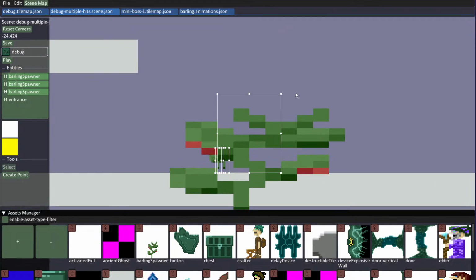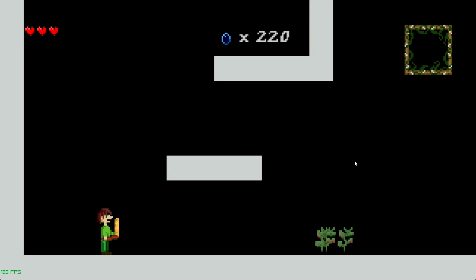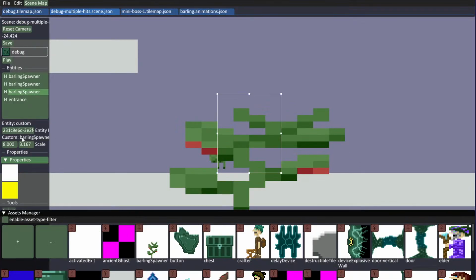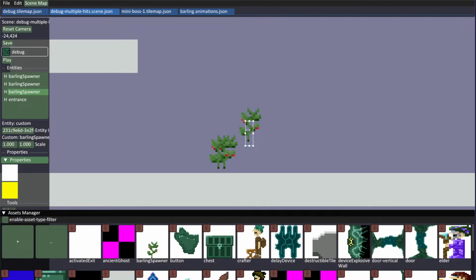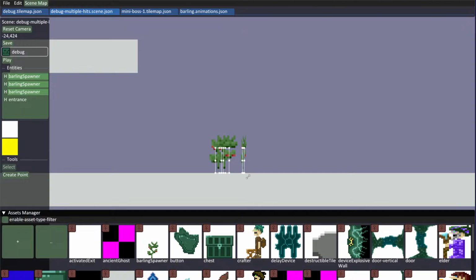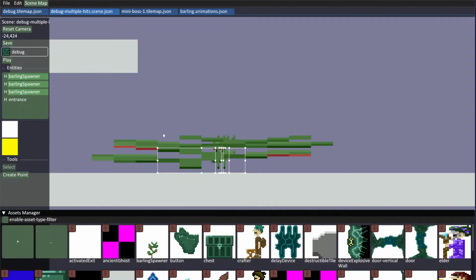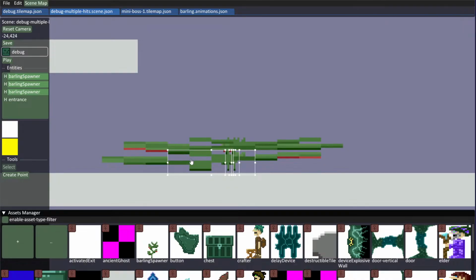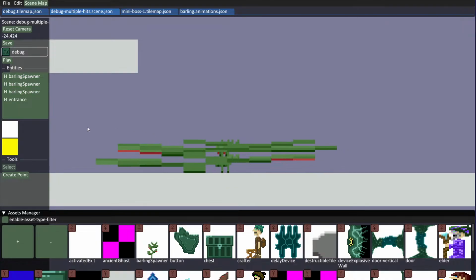Also, if I do this, will it actually change the scale here? No, it doesn't. Okay. I don't remember if I actually implemented that or not. Oh, it actually moves it as well. Can we move multiple? Yes.